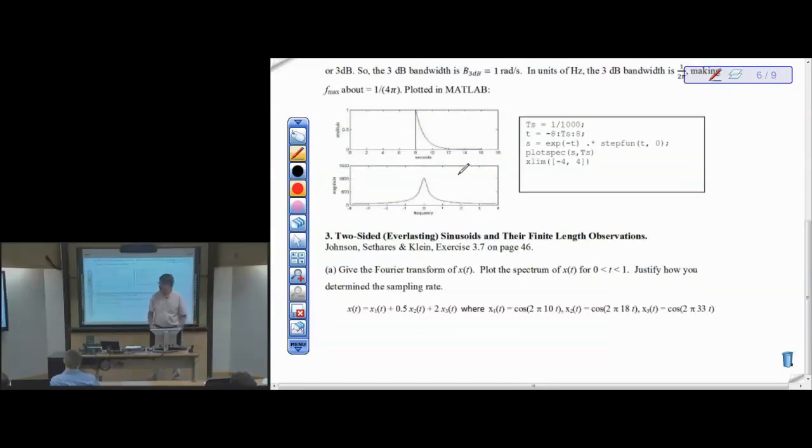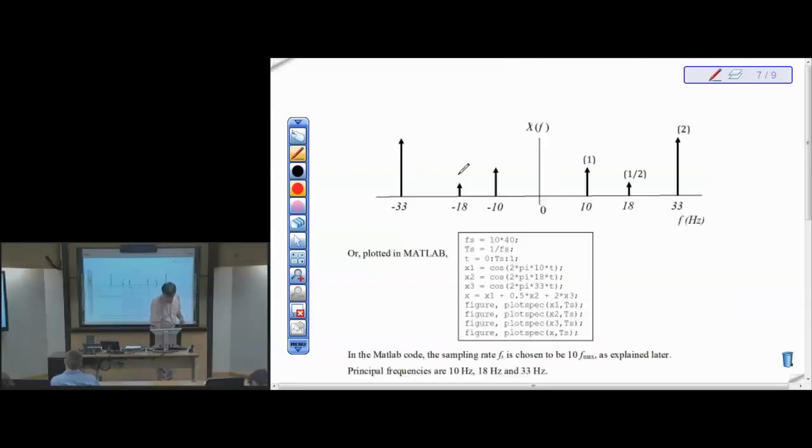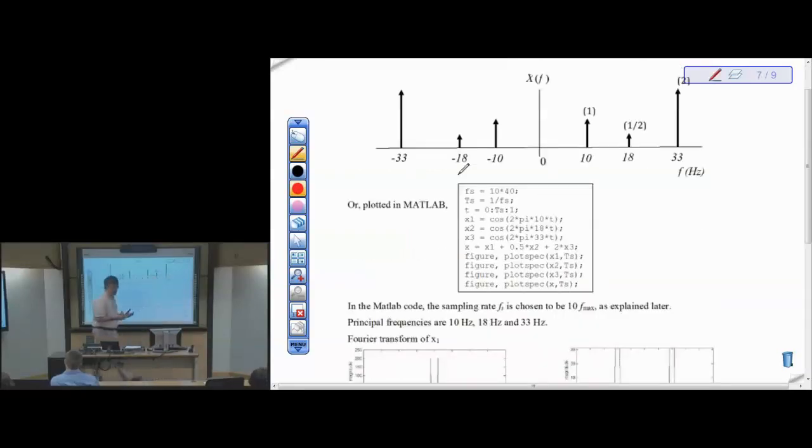Okay, the last problem is sum and product of cosines. Really, this is an exercise in two things. One is the Fourier transform. If you add two signals together and take the Fourier transform, it's the sum of their Fourier transforms. So I have three sinusoids in part A, 10, 18, 33 hertz, added together, so I get additive combinations.